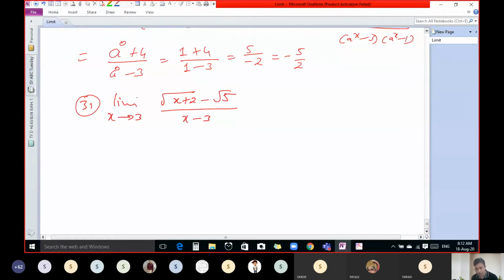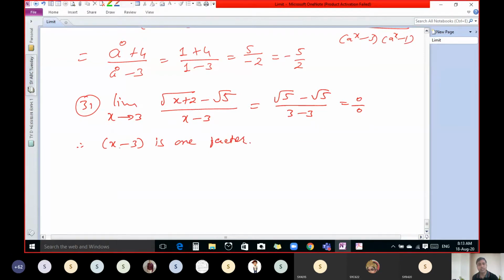So let us put x equal to 3 first of all. If you put 3 here, it is 3 plus 2, 5, minus root 5 as it is, upon 3 minus 3. So obviously we get 0 by 0. And if we get 0 by 0, we can say that x minus 3 is one factor.